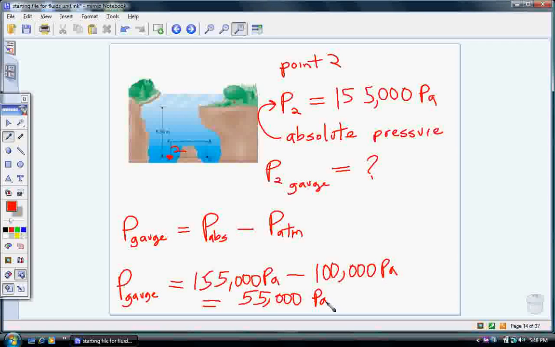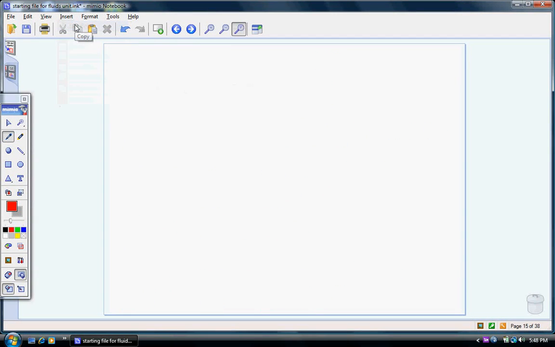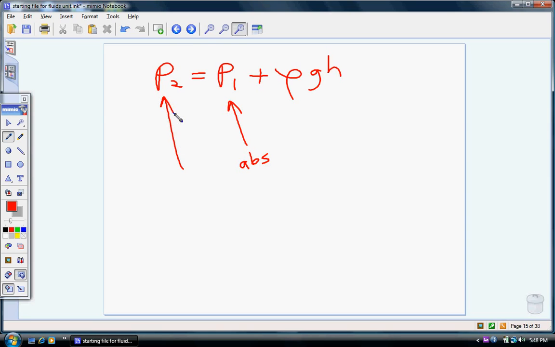So here's another thing I want to point out, folks. With that depth formula, P2 equals P1 plus rho GH. If you substitute in here the absolute pressure of that particular location, then what you end up getting over here is the absolute pressure of the other point.